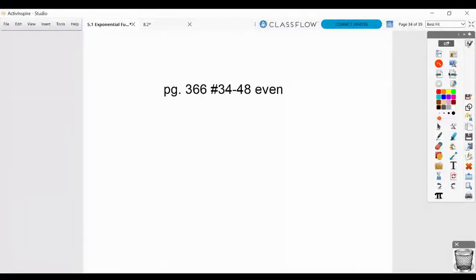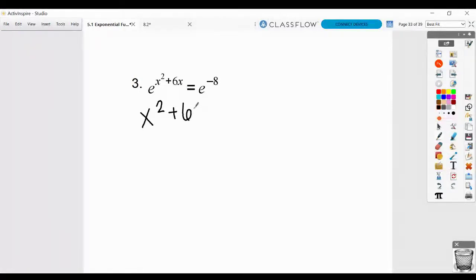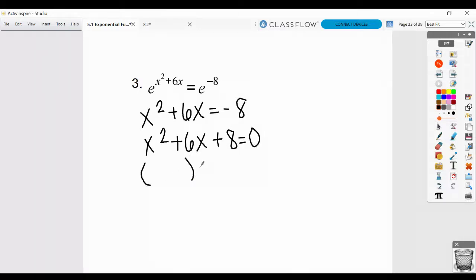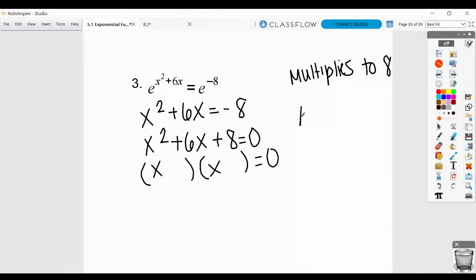Okay, and then I think this is the last one. Yeah. So you can set your exponents equal to each other. You're going to want to add the 8 to the other side. Then you're going to need to factor. So what multiplies to 8 and adds to 6?